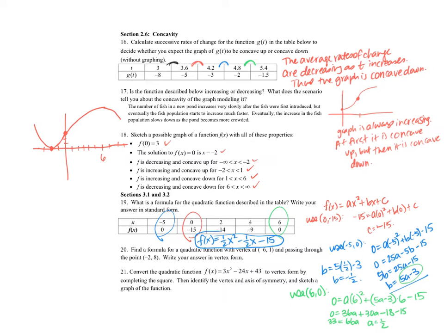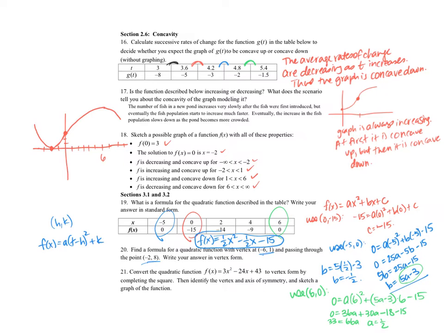Okay, for the next one, find a formula for a quadratic function with that vertex passing through that point. Write your answer in vertex form. So I know the vertex form is f of x equals a times x minus h squared plus k, where the vertex is h comma k.